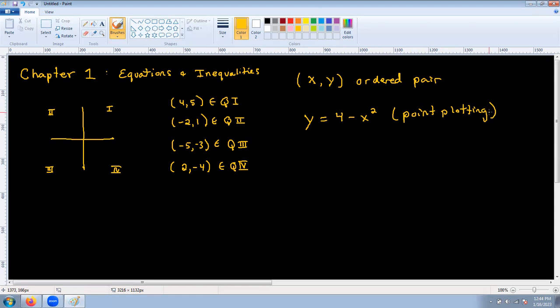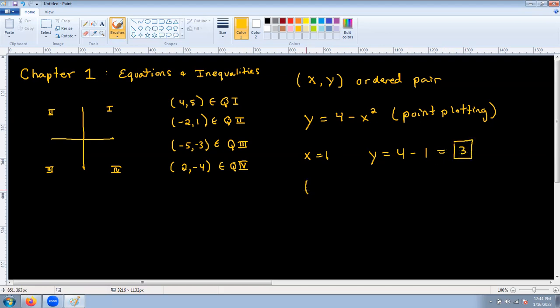Okay, so how does point plotting work? Well, you pick some points and you put them into the input of the function, which is x, and then out spits the output, which is y. So for example, if I didn't know what this looks like, I could say x equals 1, and then I can compute this and say, okay, this is 1 squared, and then this is 3.